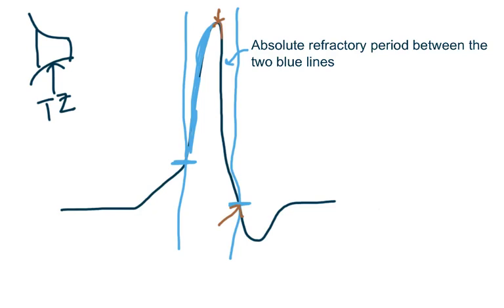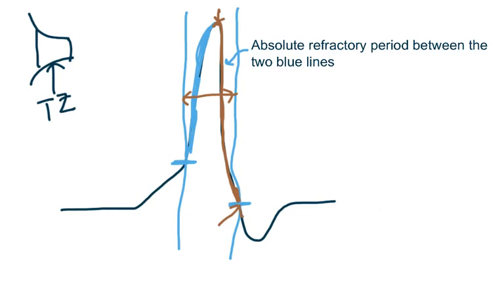So during the repolarization phase of the action potential, from plus 35 to minus 70, the voltage-gated sodium channels are closed tightly and cannot be reopened. Therefore, no matter what else happens, the sodium channels cannot reopen, and therefore another action potential cannot be generated. Okay? And for that reason, between these two lines right here is the absolute refractory period.